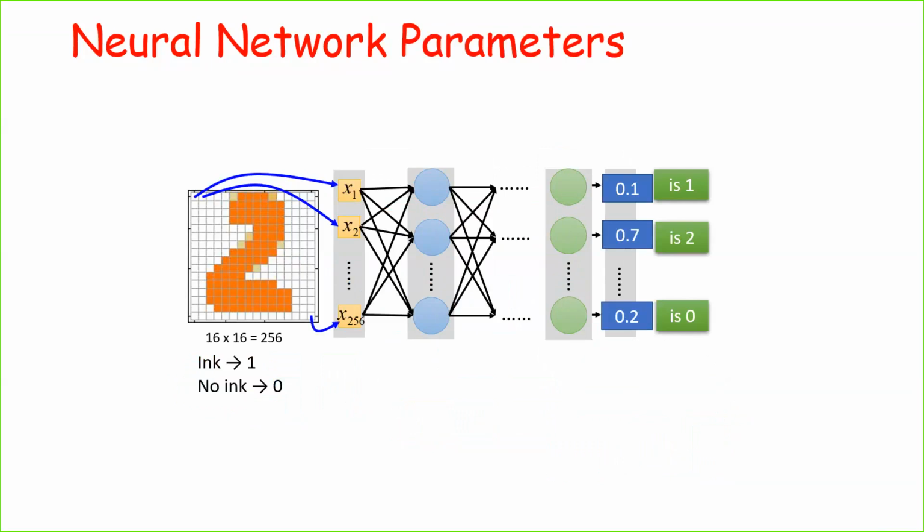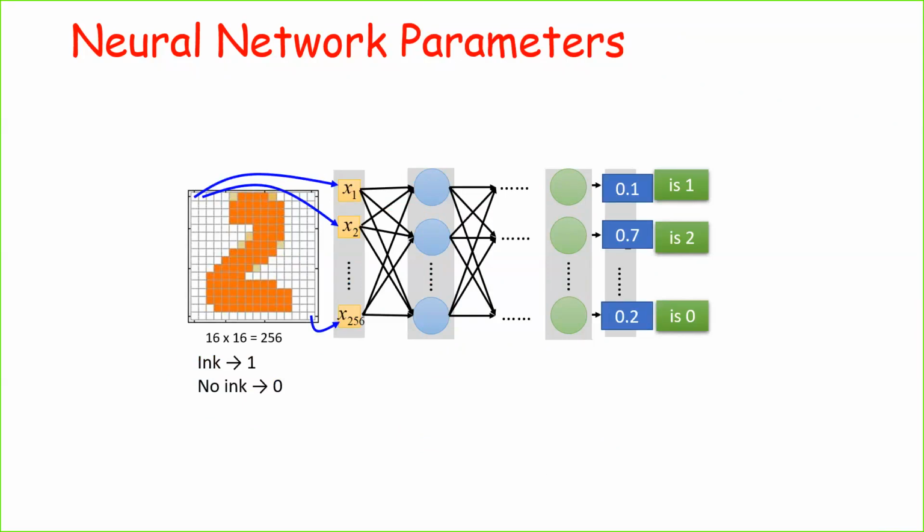So here is a simple example of a neural network, in which we take the example of digit classification. Digit classification means how many outputs, how many classes? 10 classes, right? 10 digits total, 0 to 9. Here we take a 16 by 16 image, and each pixel value is taken as an input to the network.